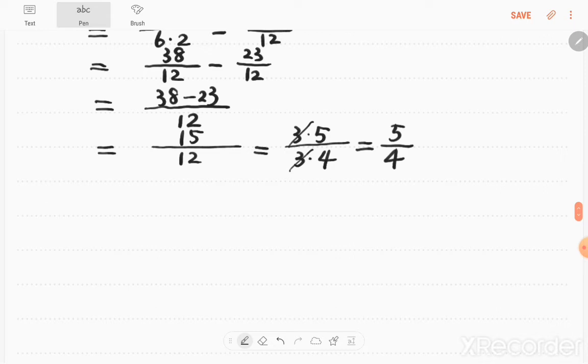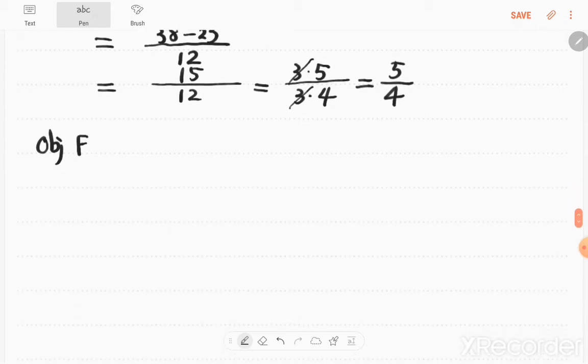So last objective will be objective F. We should work on the operations on mixed number.